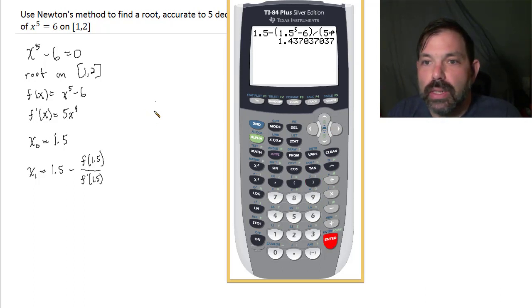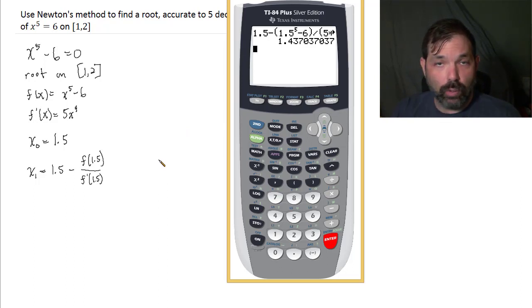And so x1 is 1.437037037. Now, I can't round too much. If I round this, I'm going to lose accuracy. So again, this is a part of numerical analysis. This calculator has so many what are called floating point, it has so much memory for each number.